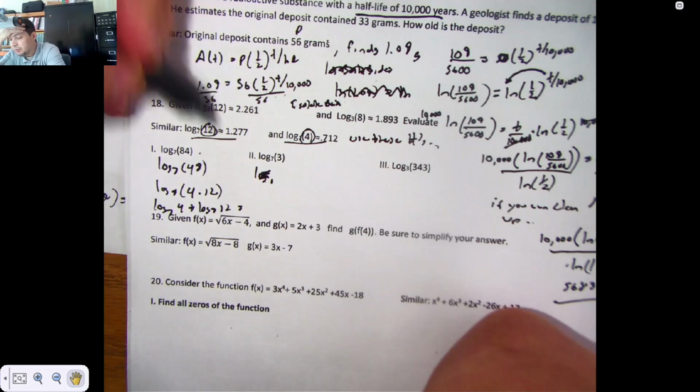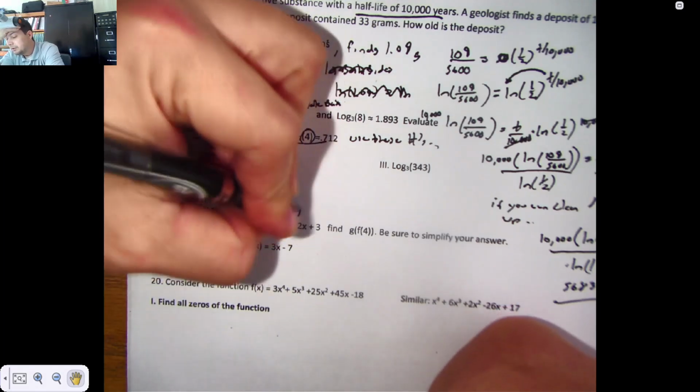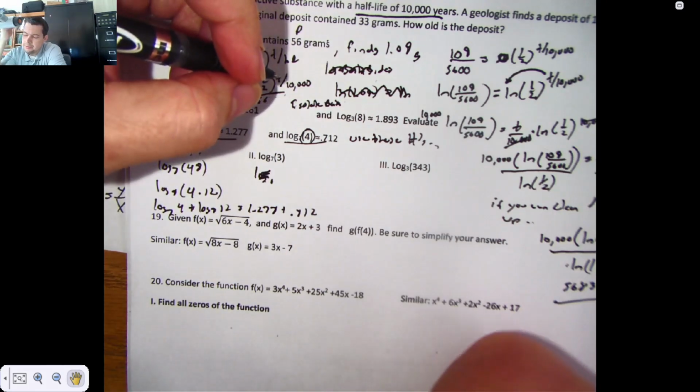So this is going to be 1.277 plus 0.712, which is 1.989.